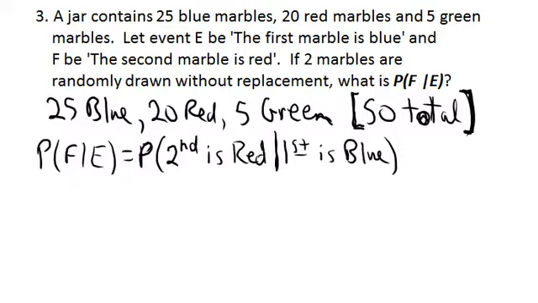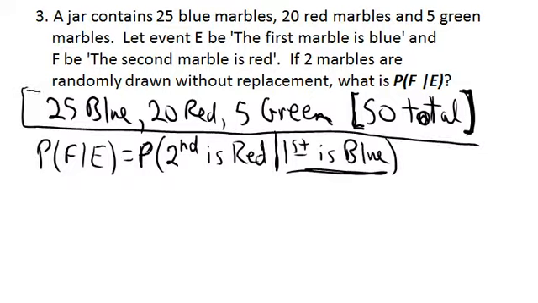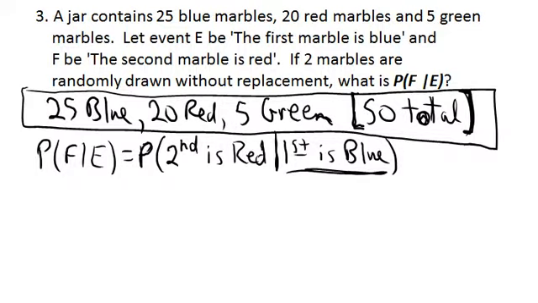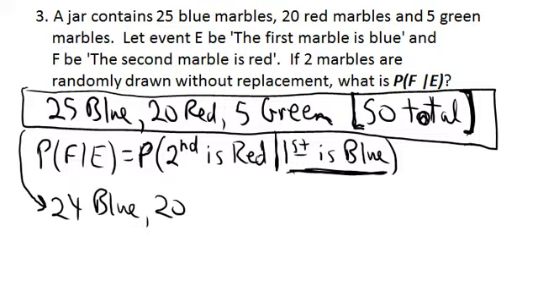Well, if we're given that the first one is blue, the initial sample space has 50 marbles. But if the first one is blue, then I no longer have 25 blue marbles. After I've drawn the first marble and I know that it's blue, that leaves only 24 blue marbles. But the reds stay the same and the greens stay the same.